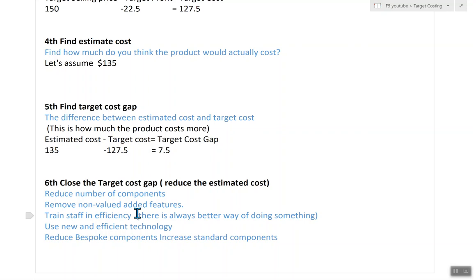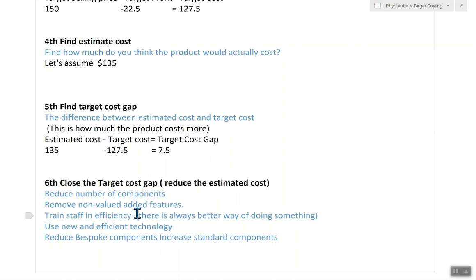Next, reduce bespoke components, increase standard components. Bespoke means specifically made, custom made or tailor made. Usually when something is specifically made for you, it costs more. And when you buy a component that is already in the market, the standard component, it usually costs less.